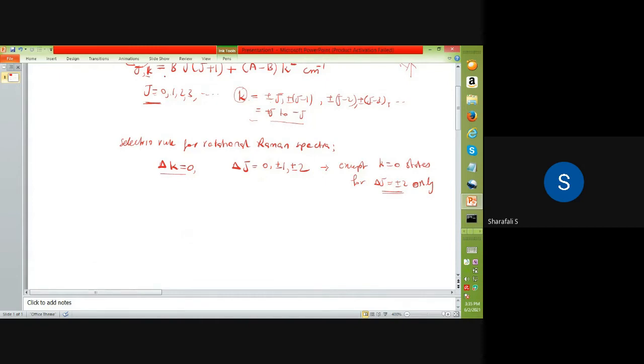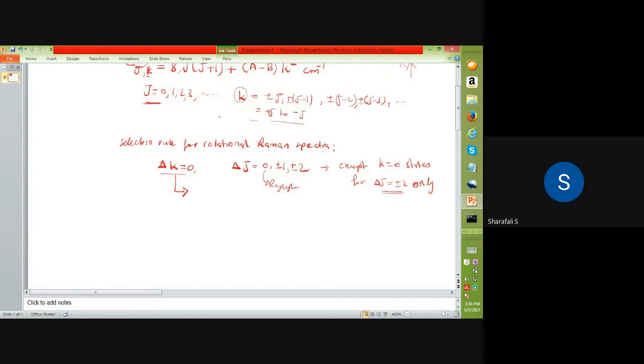And delta J equal to 0 corresponds to the Rayleigh line that we discussed earlier, so that you will get whatever frequency that you send.